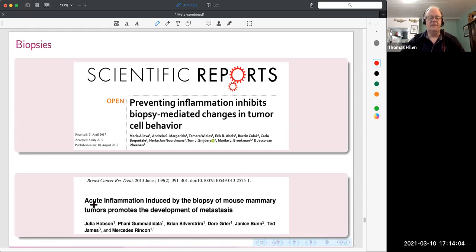Ouch. So this is really bad. And the key here is acute. So in these experiments, the biopsies are half surgeries. So they're not taking a little sample, they're taking a big sample, creating big inflammation, which then helps development of metastasis.